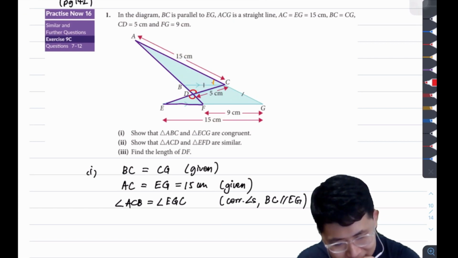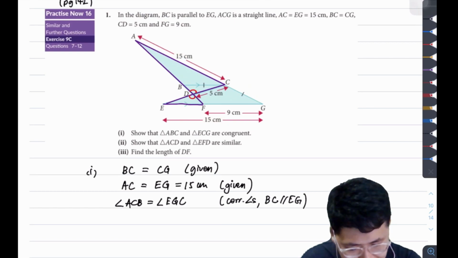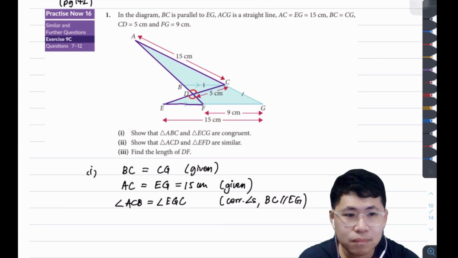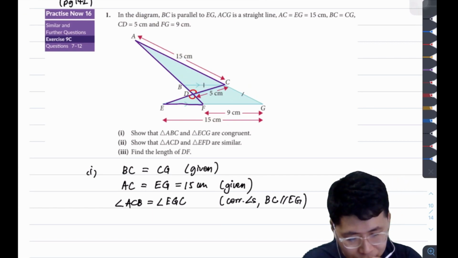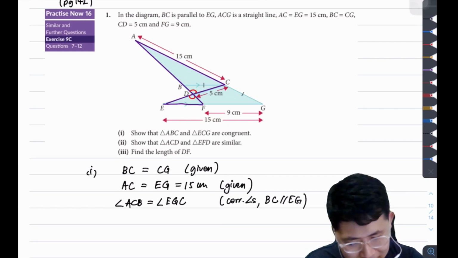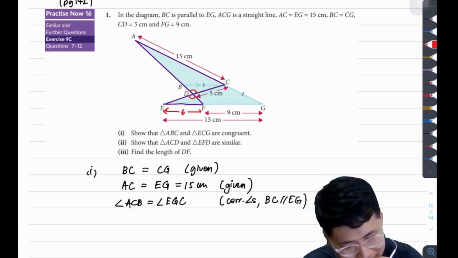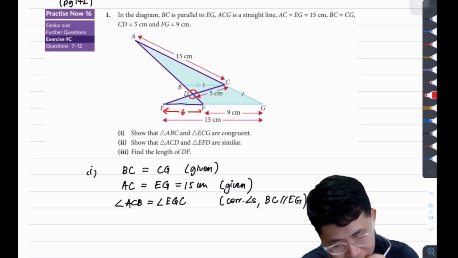And the next thing that I need to take note of is, what else can I do? The third, so we have one vertically opposite angle. Most likely we can also make use of this 6 cm over here, right? So this 6 cm, and 15. So later we may be able to use this.